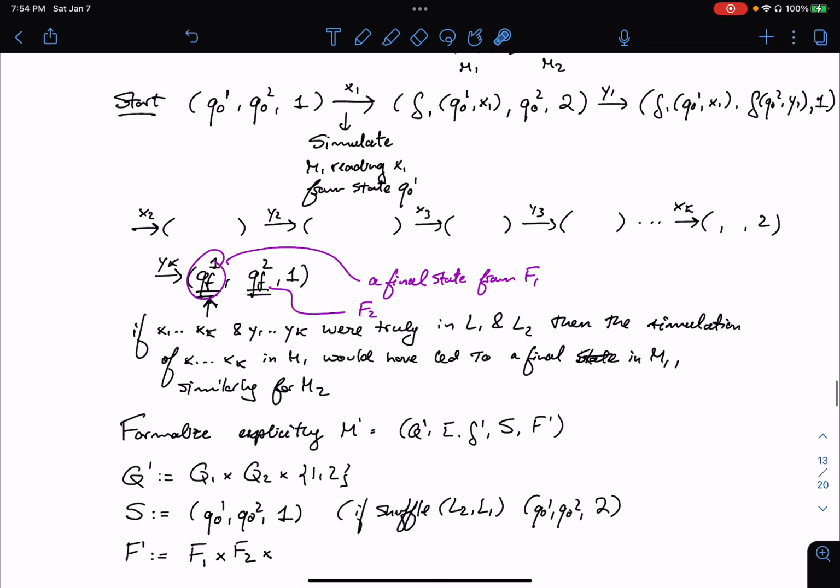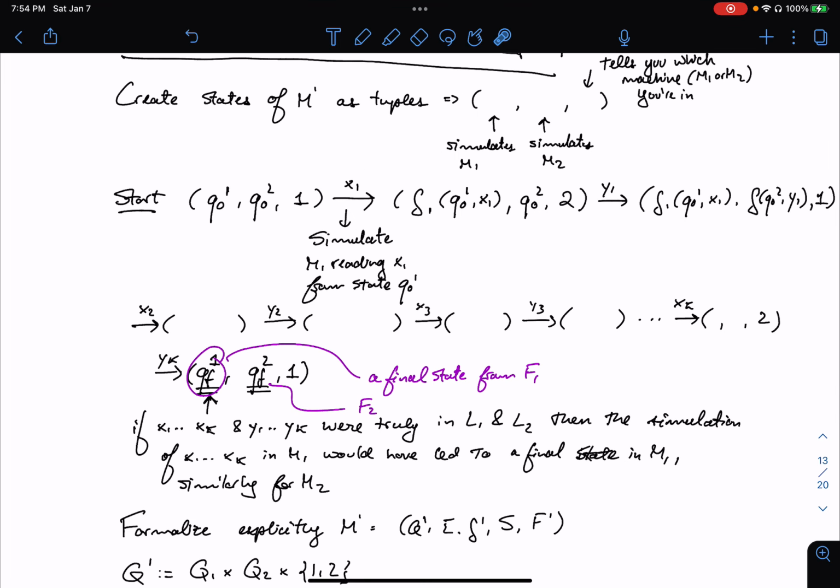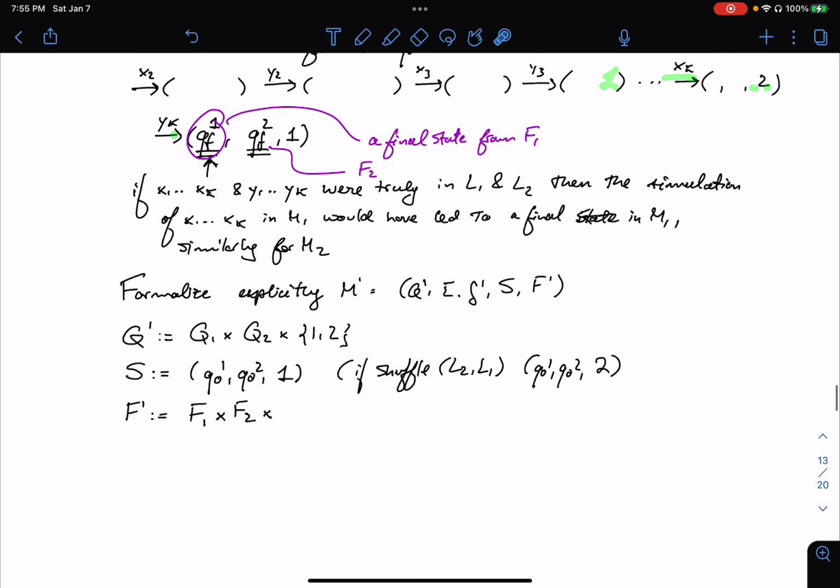As I kind of sketched out here, because you go from 1 to 2, then from 2 to 1, and so on. So if you're simulating xk, then you're going from the machine 1 to the machine 2. Then if you're simulating yk, you're going from 2 to 1. So then you have to end back in the machine M1.